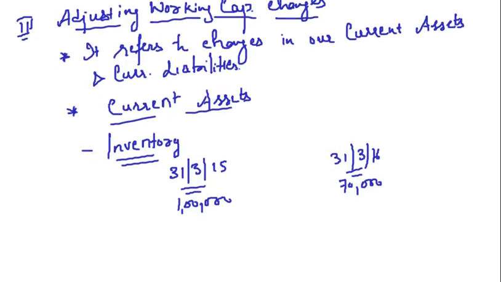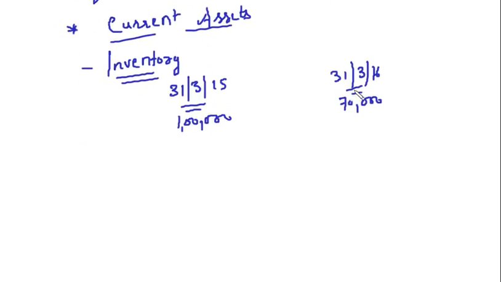Now, can you tell me the reason for the difference? There is a difference of 30,000. Earlier we had the inventory of 1 lakh. Now we have inventory of 70,000. Clear, friends? What does this mean?